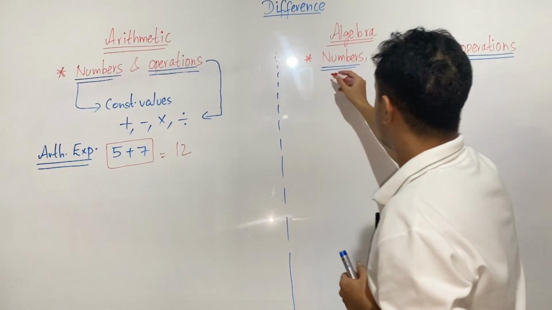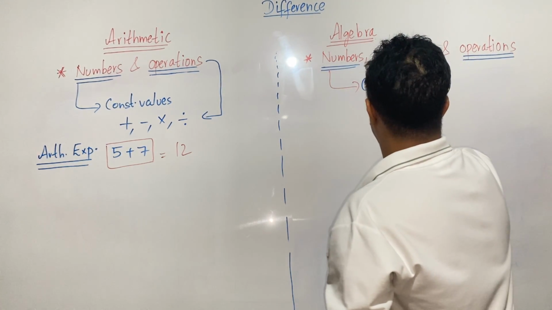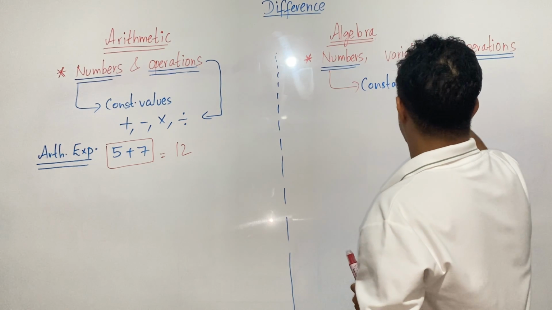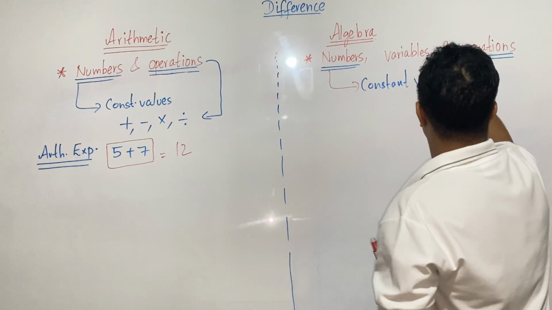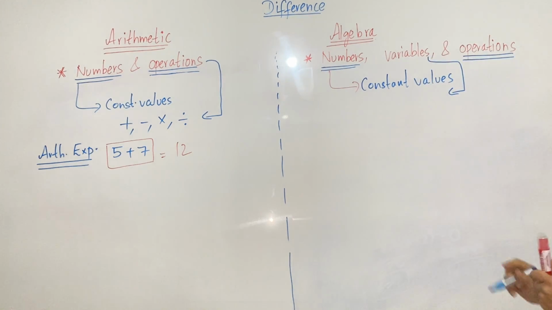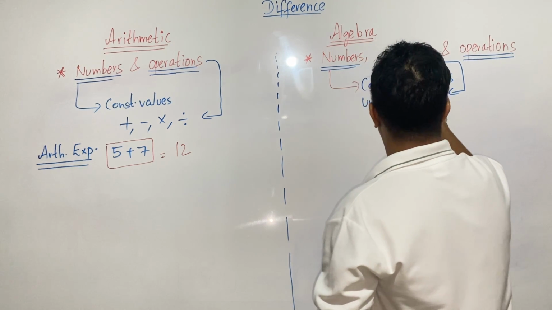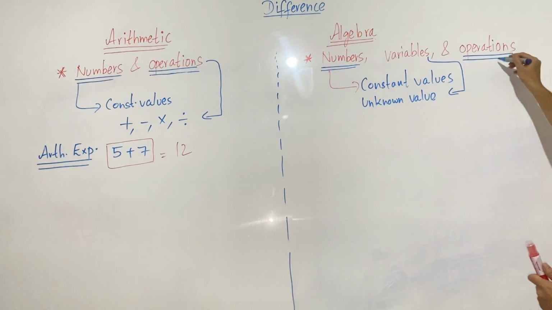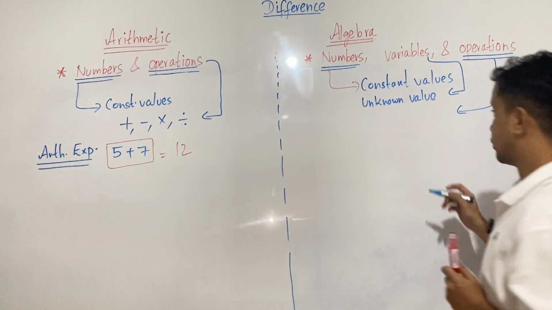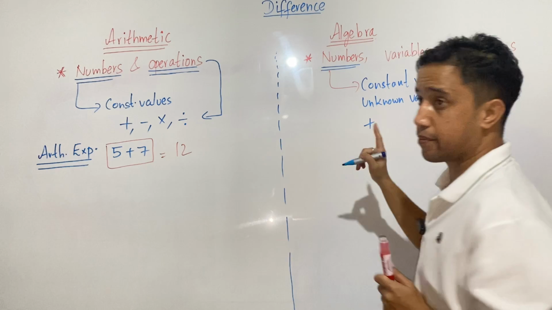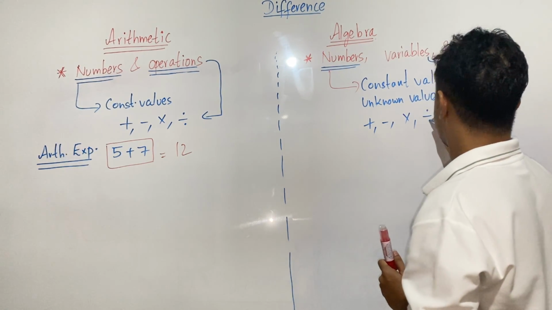So numbers here in algebra represent the constant values, variables mean unknown values, and operations mean basic arithmetic operations represented by the operator signs plus, minus, multiply, and divide.